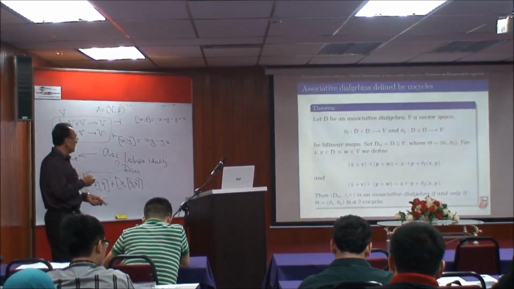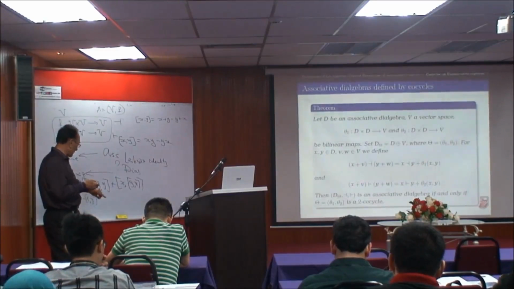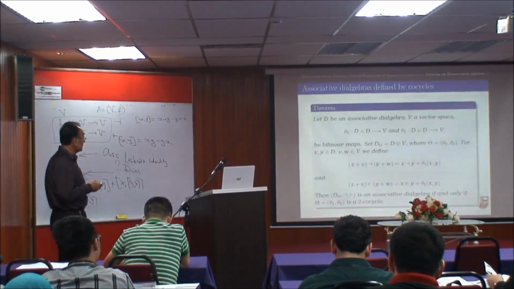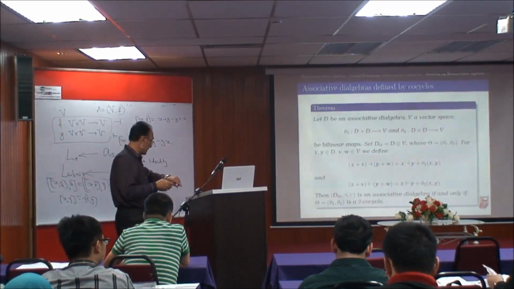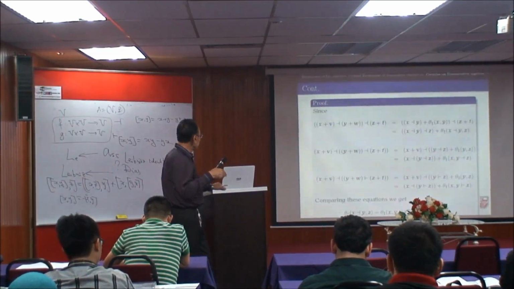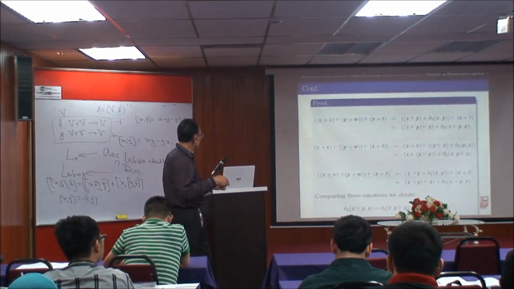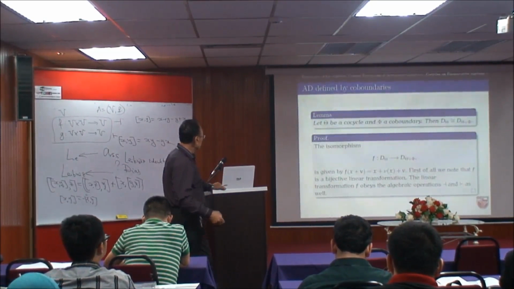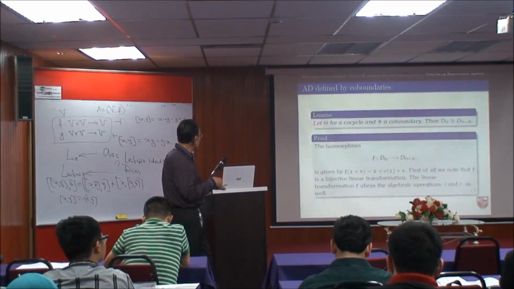Then I already mentioned this theorem. I have some proofs here. If time allows, maybe I will focus on some of them. Otherwise, I will just proceed. So here is a lemma.